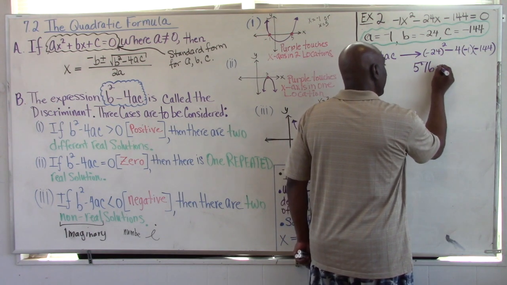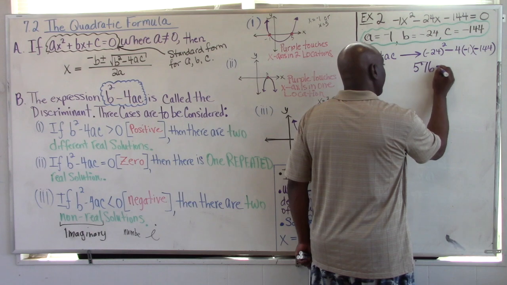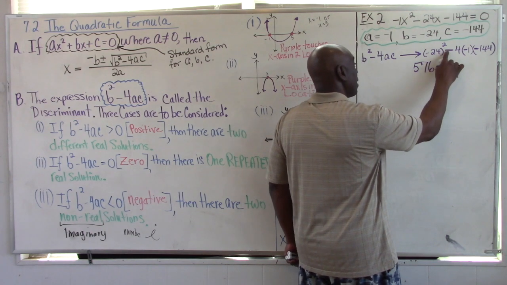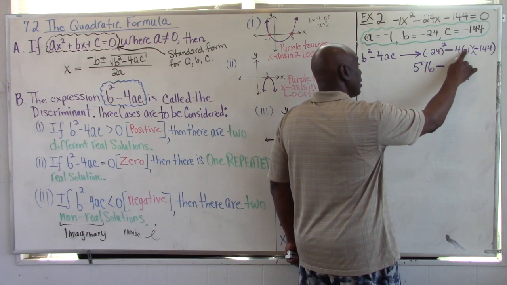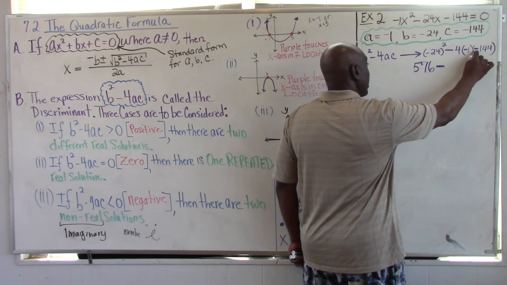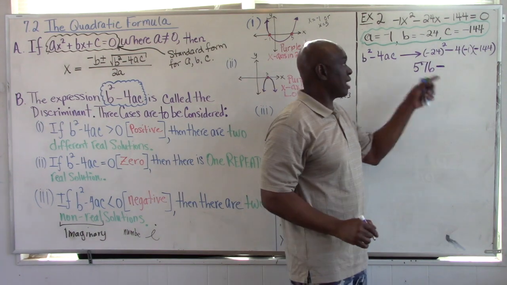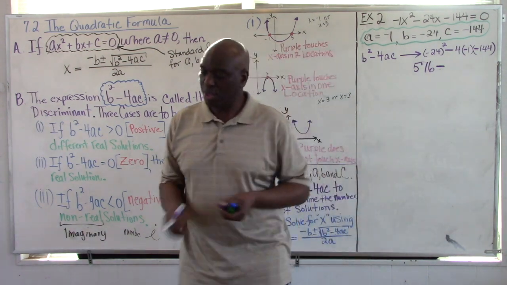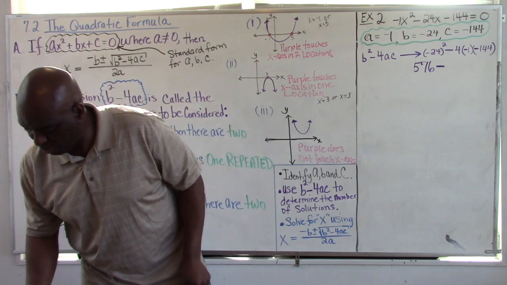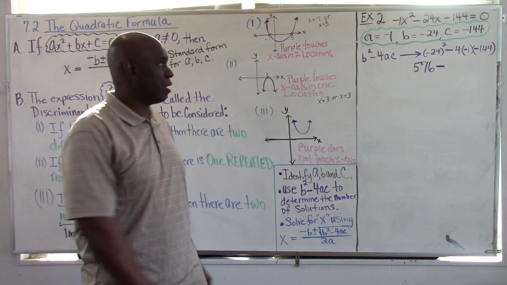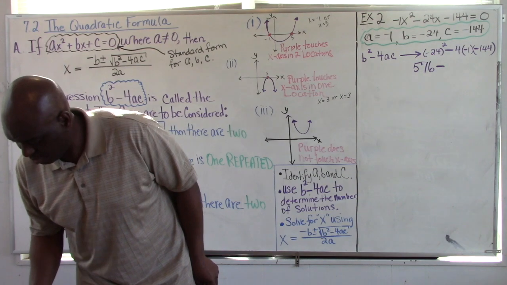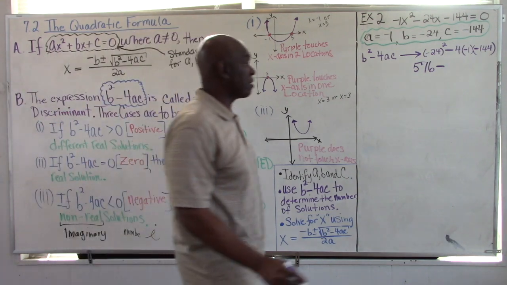So this is going to be minus, because a negative times a negative is a positive, and then that positive times another negative is a negative. So 4 times 1 times 144, which is going to be 144 times 4, is 576.